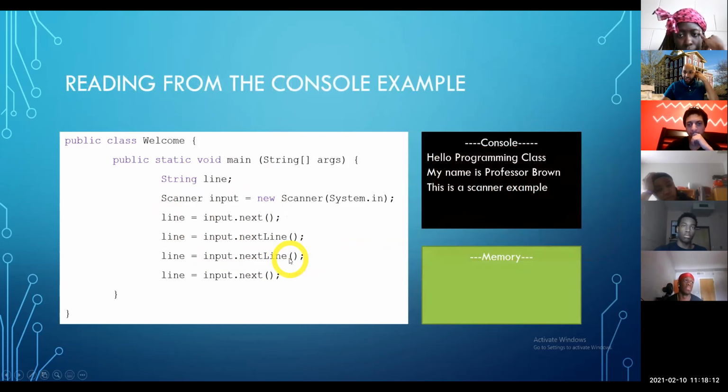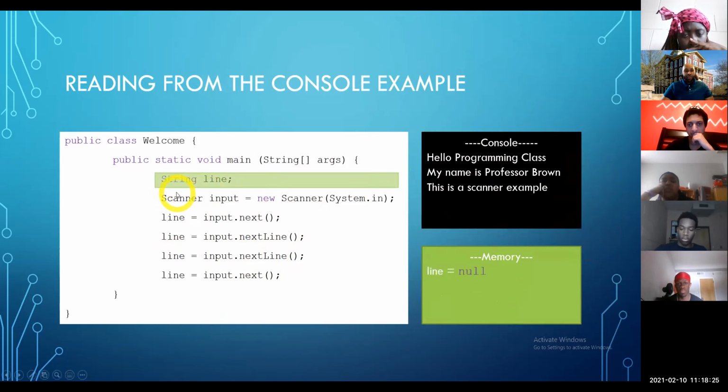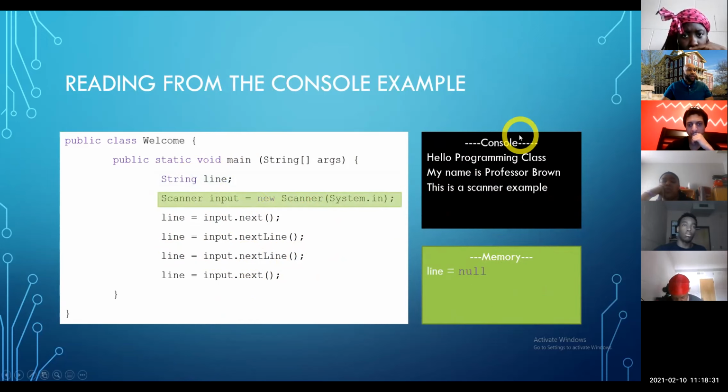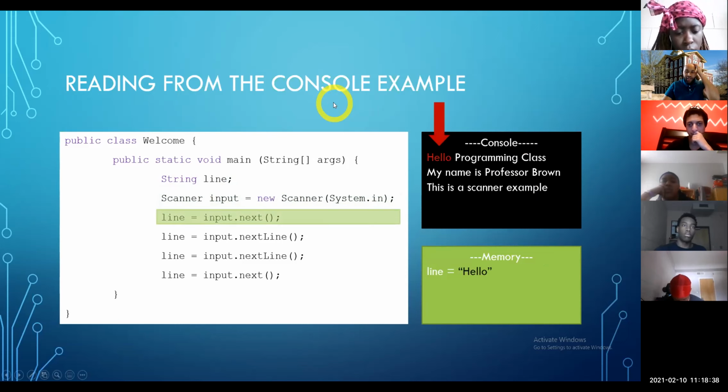So let's see what this looks like. Again, if you remember, this is our console. And we're going to say line equals this, line equals that, and so on and so forth. Here's our memory over here. So we go to our first statement. We're going to create our line. You see line equals null right now. Null just means that it has no value. We haven't set it equal to anything yet. We create our scanner.